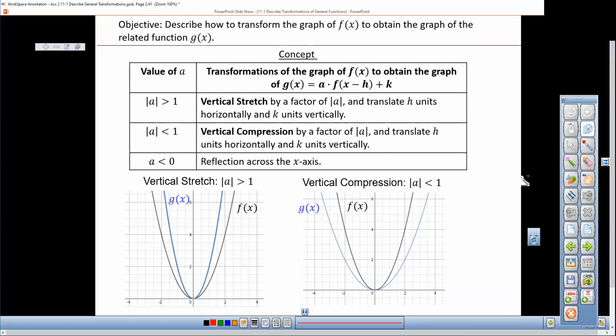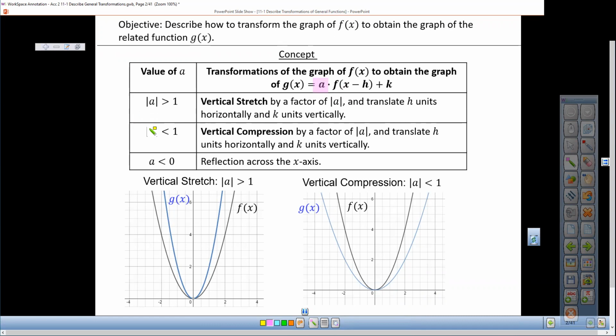So this is a resource to just make sure that we are remembering how to interpret our parameters correctly. So notice the position of A is in the front of the function rule. So it's the multiplying factor or coefficient of the function rule.